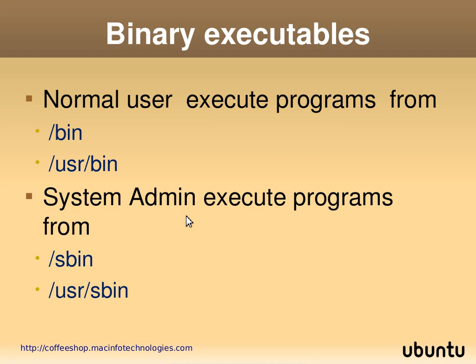Whenever it comes to system administration tasks, that would be done by /sbin and /usr/sbin. /sbin is used for system-wide administration, and /usr/sbin is used for user-related system administration like useradd, userdel, usermod, all these operations.